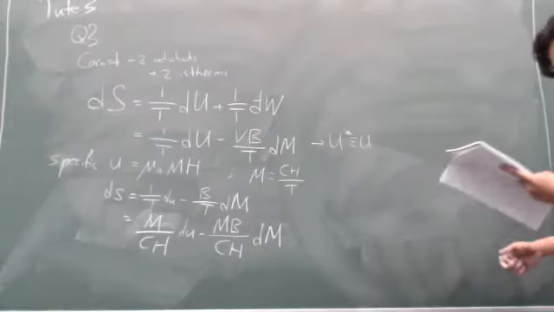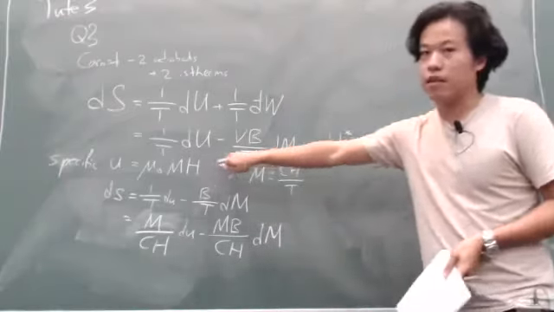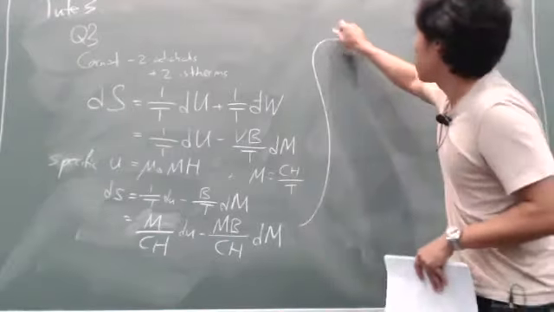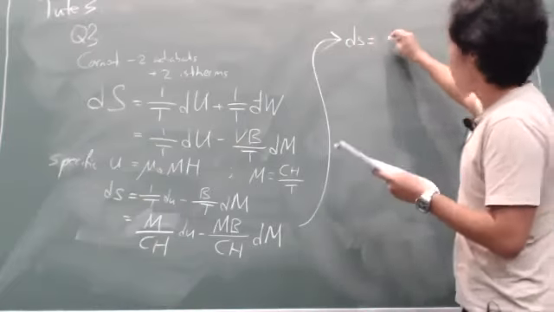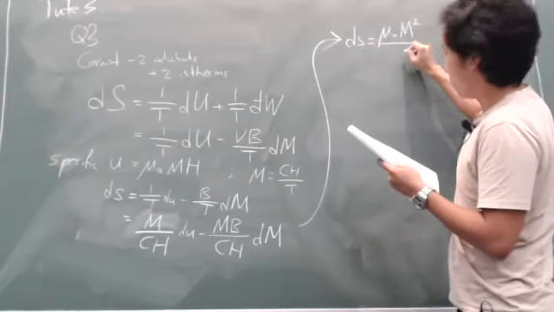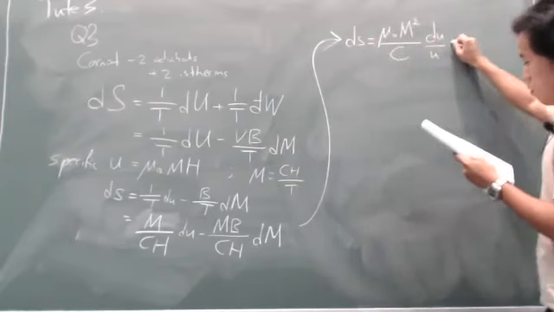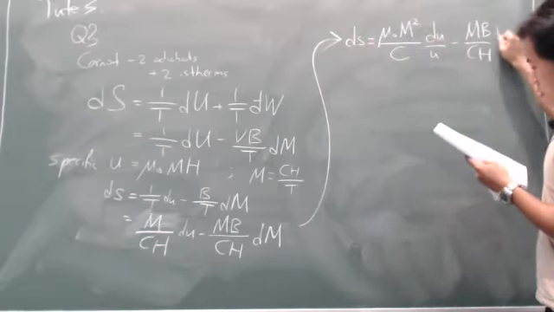Okay, and now I want to use the internal energy definition. So take this out here. We get d little s is equal to mu naught m squared on c, du on u, minus mB on ch dm.